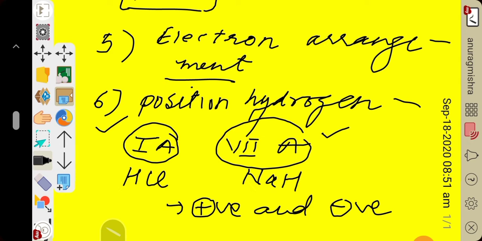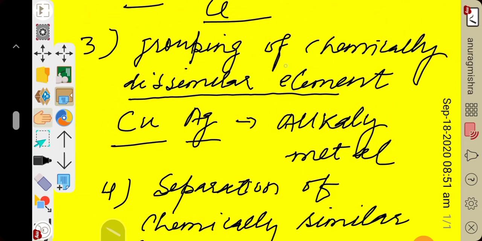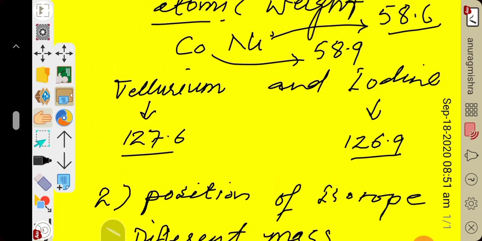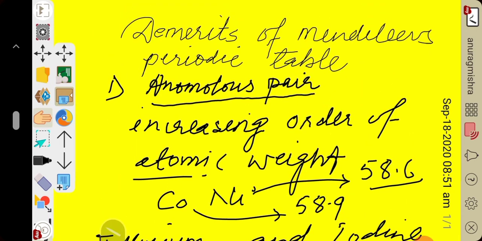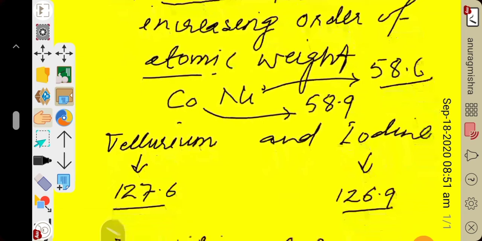I hope you people understood the demerits of Mendeleev's periodic table. Once more, let's revise whatever we discussed today. Demerits of Mendeleev's periodic table. First of all, I told you, the first demerit was the presence of anomalous pairs. We all know, according to Mendeleev's periodic law, elements were arranged in increasing order of atomic weight.